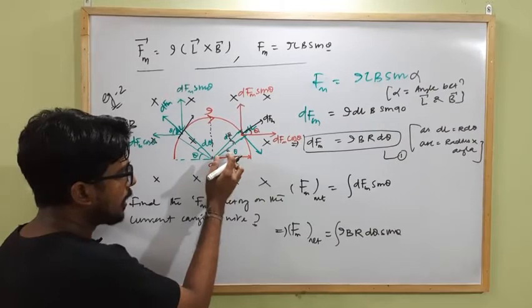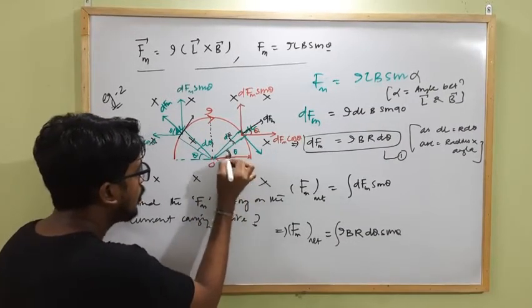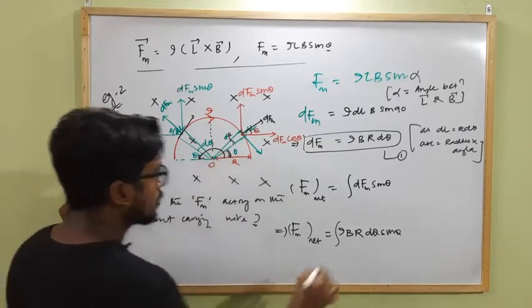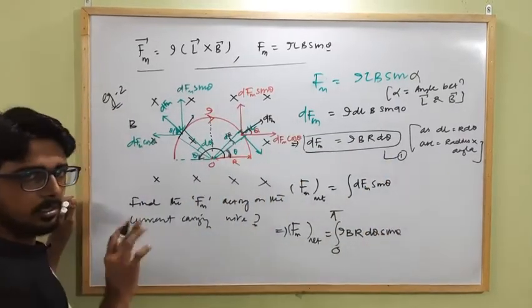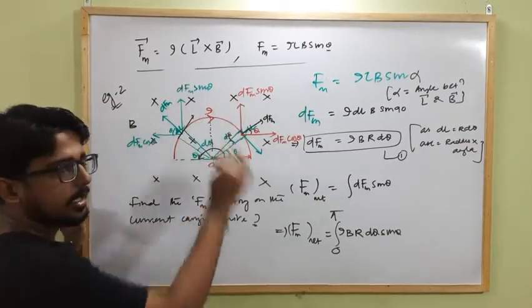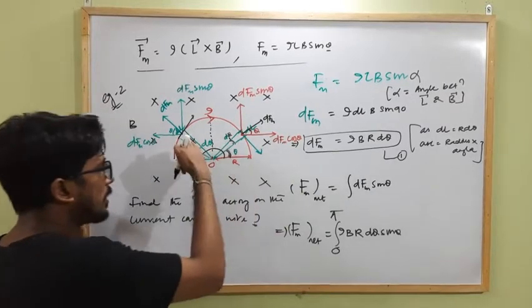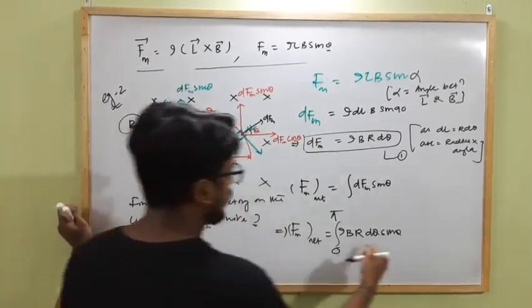So what is the range over which theta varies? If this is theta, it varies from 0 up to this complete angle, so the limits are from 0 to pi. Clear? Understood? All the horizontal components get cancelled, only vertical components add up. So what is the F net acting on this segment due to the external magnetic field of strength B? It will be this much.